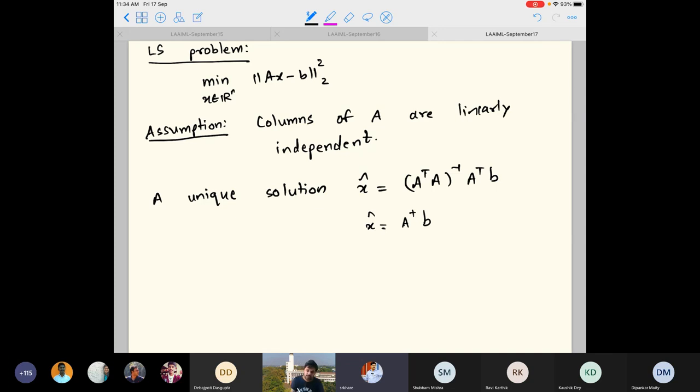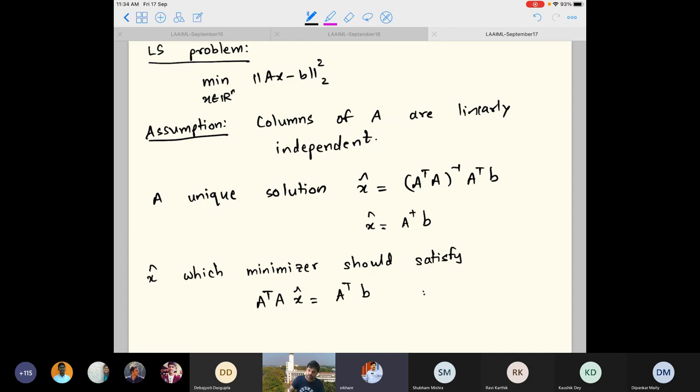What we saw yesterday was that x hat, the minimizer of this least squares problem, should satisfy these equations: A transpose A x hat is equal to A transpose b.